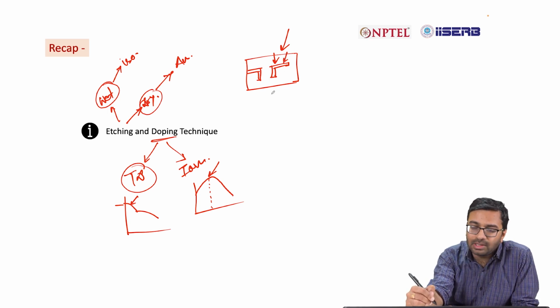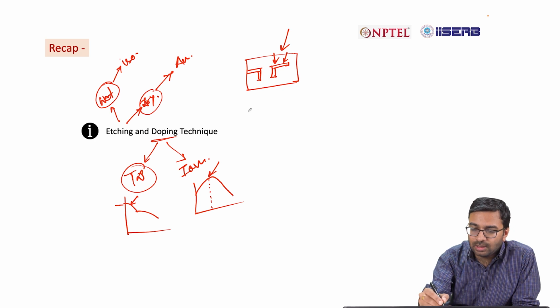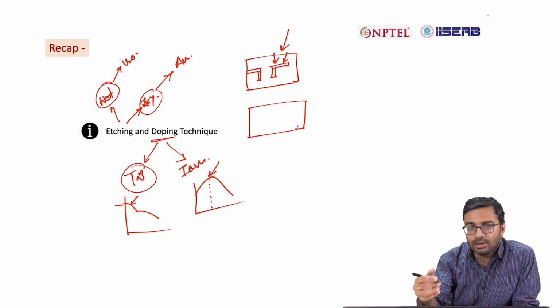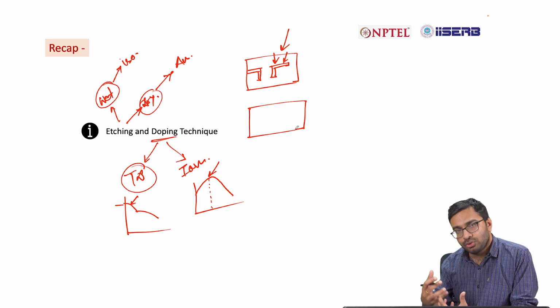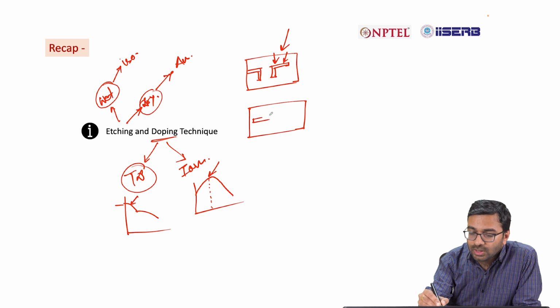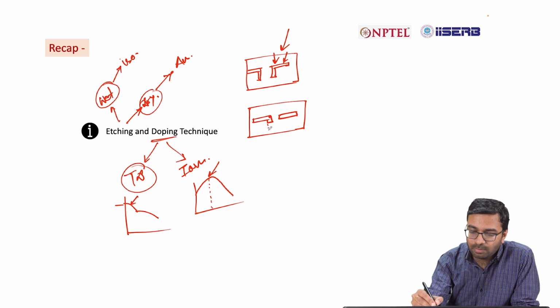This may happen that during the process, due to certain fault or certain issues in the process, the shape is not fully developed, something like this. This part has not been developed due to certain process.